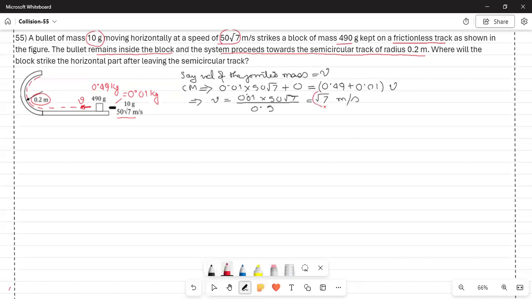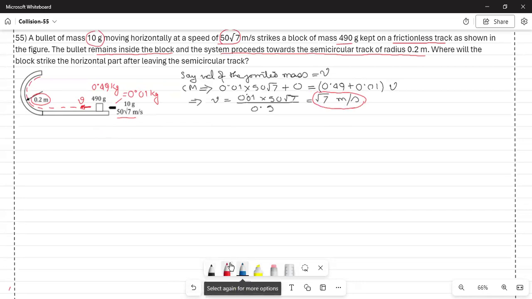This is one relation that we shall need repeatedly in this problem. The velocity of the joint mass when it starts along the horizontal path is 7.